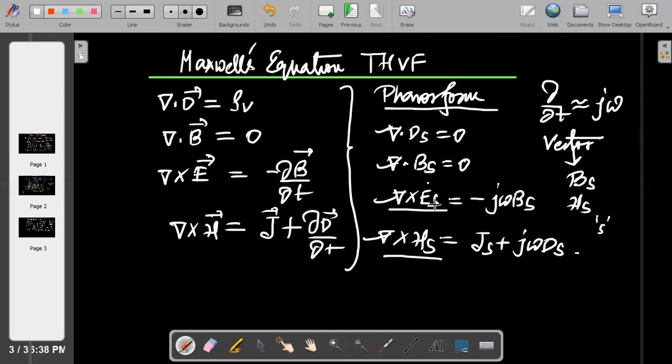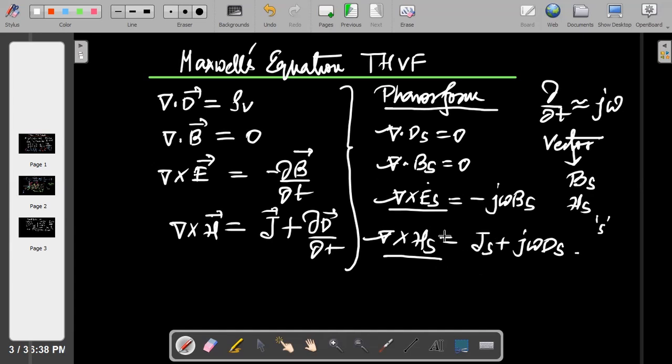Why am I telling this? Because if you start from ES, here BS is there, correct? So this BS and this HS are closely related, correct? Can you change this equation so that it forms 4 variables into 2 variables, correct? Here ES, BS, HS and DS are there. So 4 variables are there.